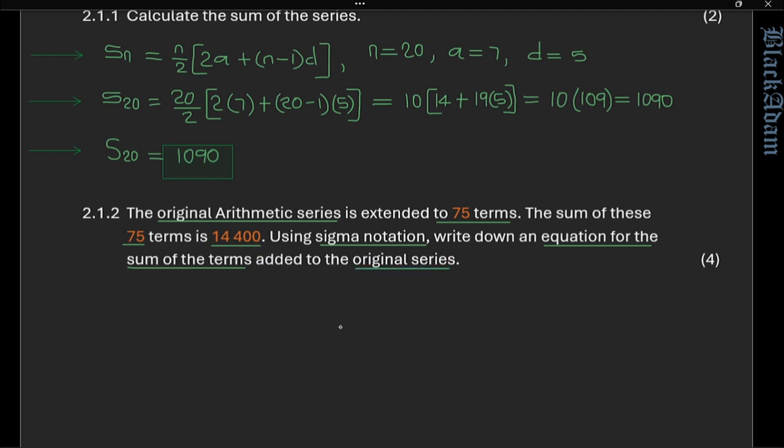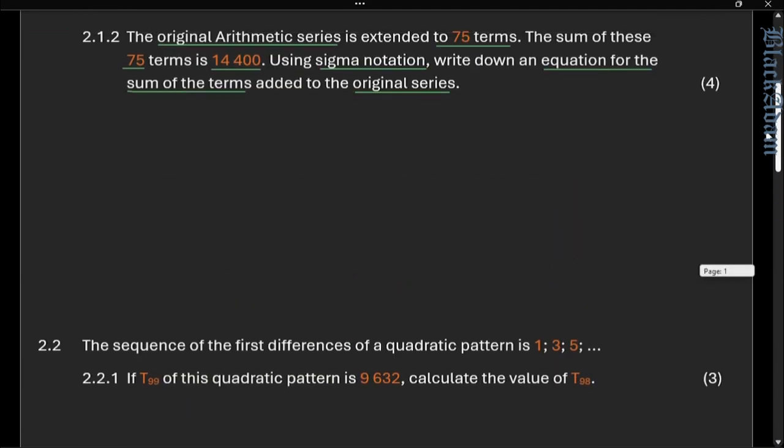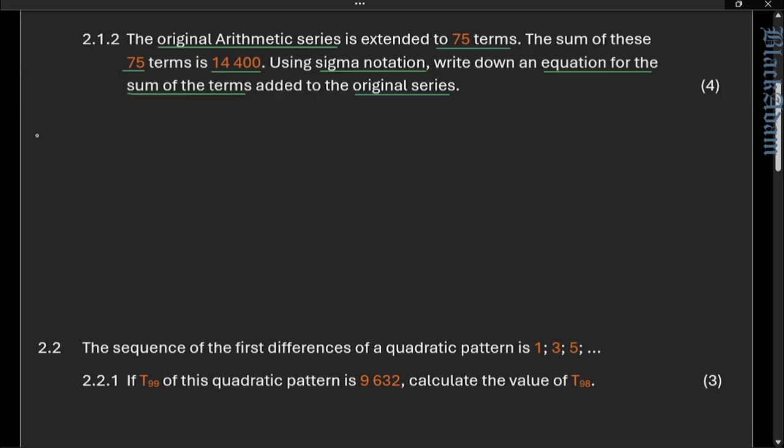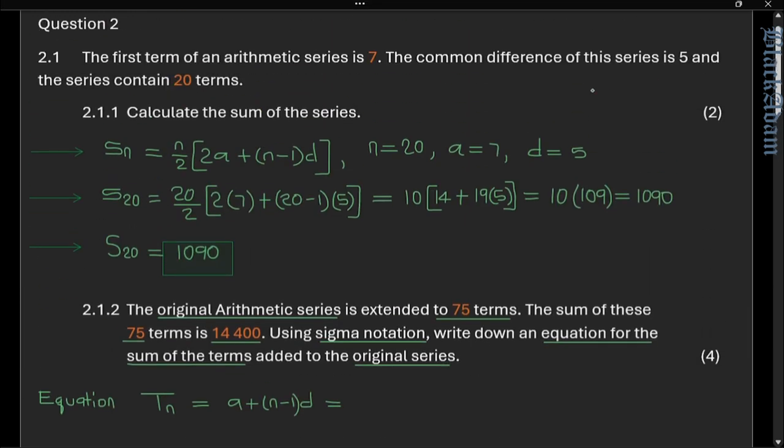Okay, so our original series is our original equation. So to find our equation, we need Tn equals a plus (n minus 1) d. Remember our a is 7, our d is 5.